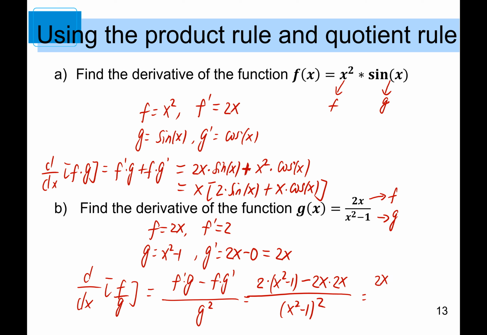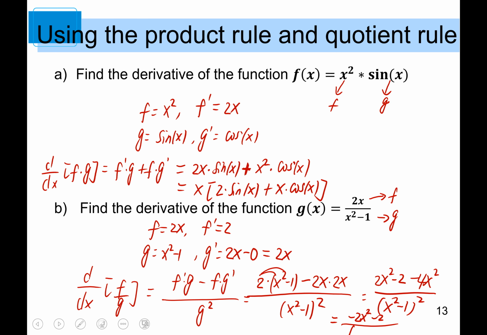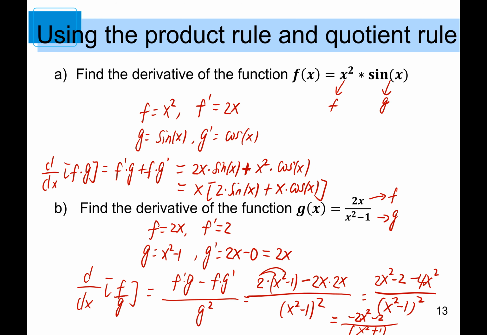So we have 2x squared minus 2, distributing, minus 4x squared, over x squared minus 1 to the second. Subtracting, you get negative 2x squared minus 2 over x squared minus 1 to the second. That's going to be the final answer.